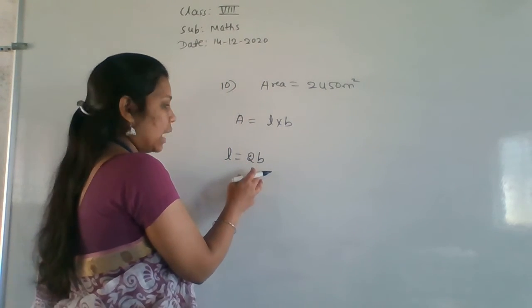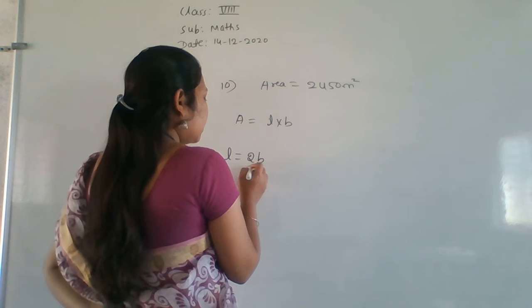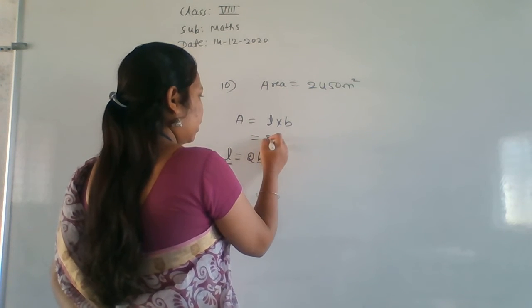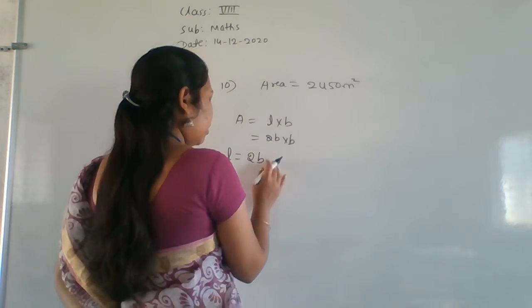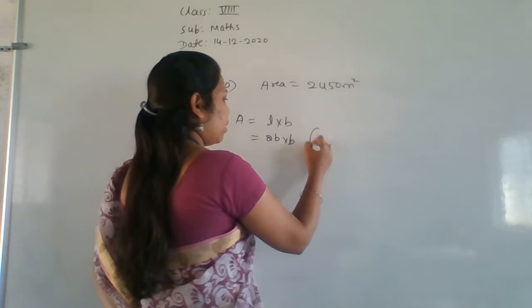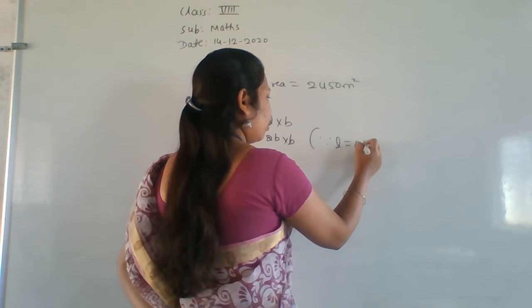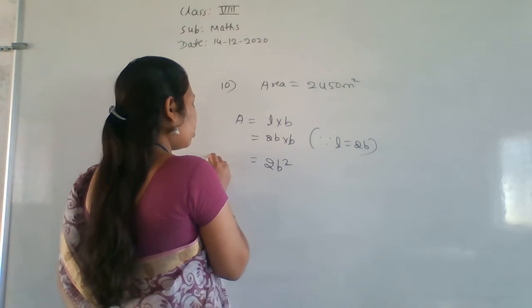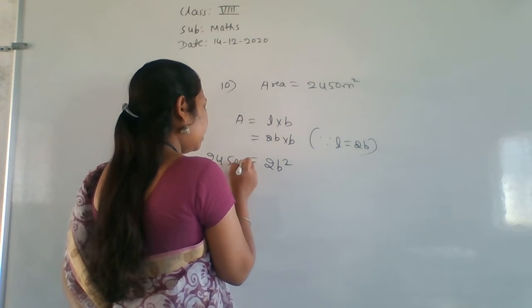Twice means 2 times. So replace this L by 2B. That is 2B into B here. Because L is equal to 2B, it becomes 2B square. Area is 2450 meter square.